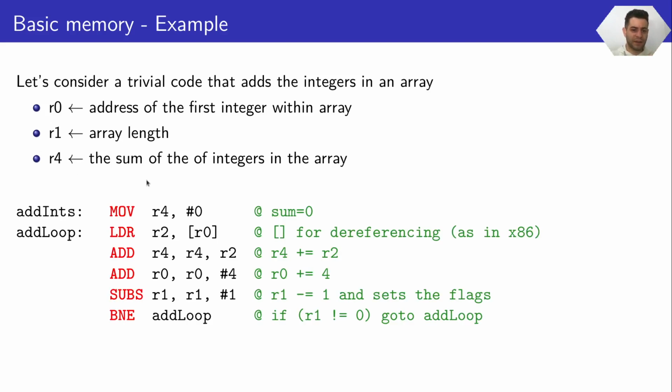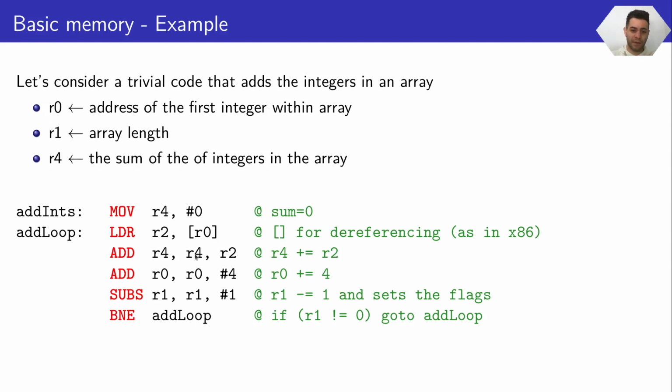So this is the code. We start with R4 set to 0, the sum starts at 0, and then we have the LDR instruction. We use the brackets, it's for dereferencing, like x86. It means please take the value at the address contained in R0 and put it into R2.